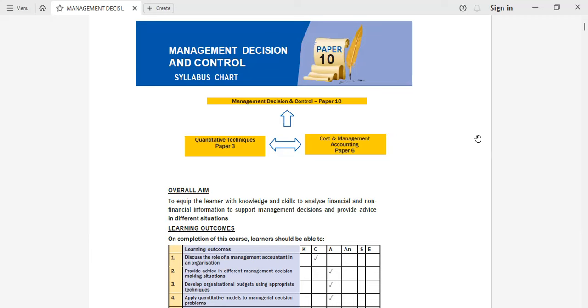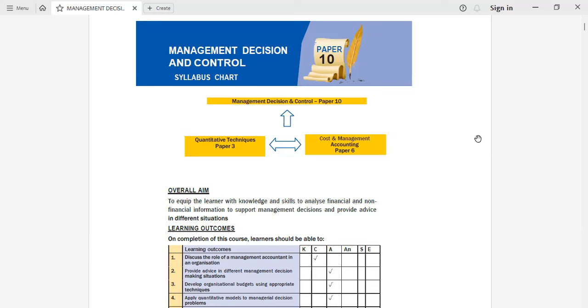Remember, the MDC paper is the last management paper as far as costing and management is concerned in the CPA course or syllabus. So that's basically what we are going to be looking at for today.